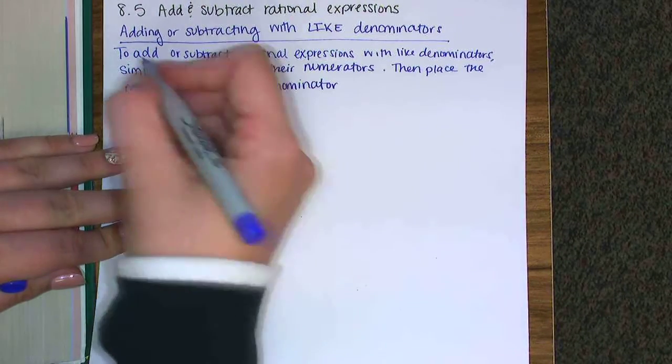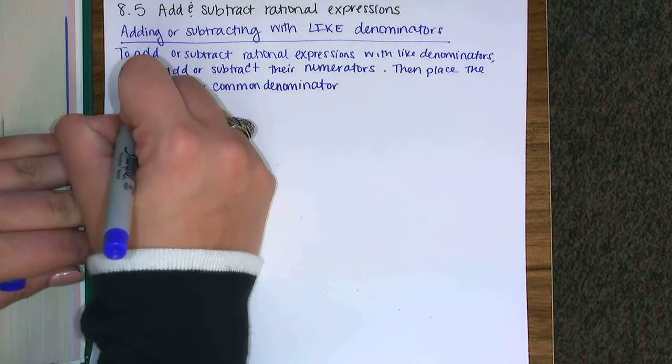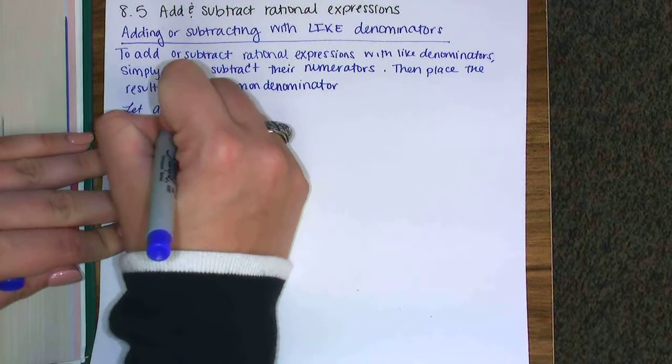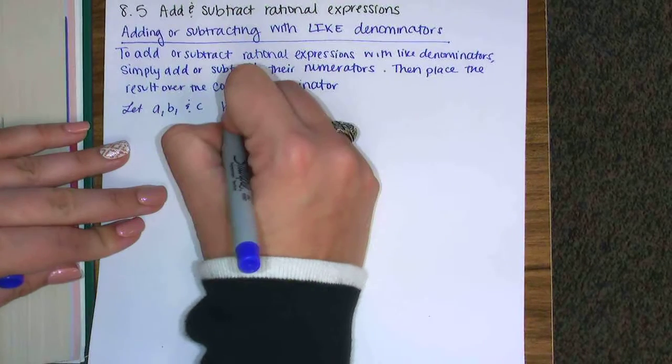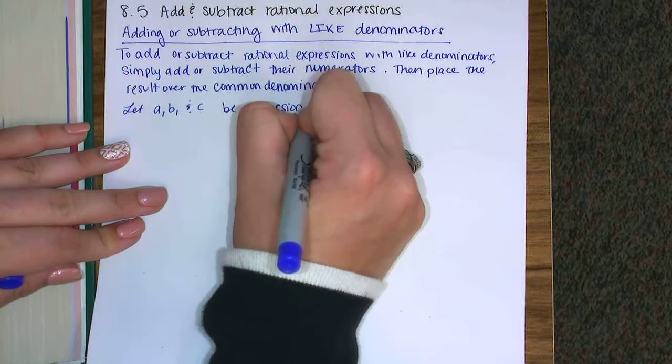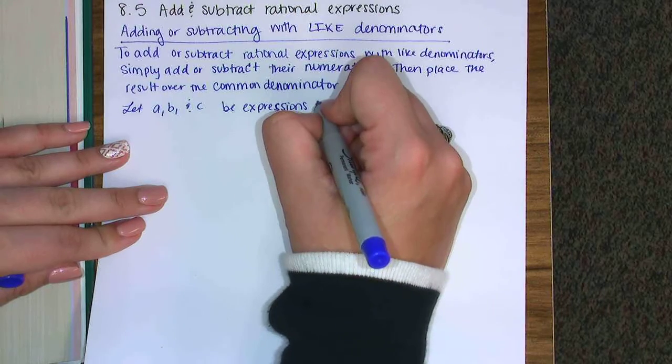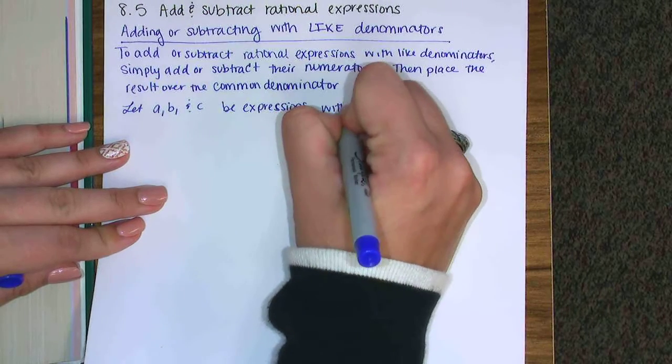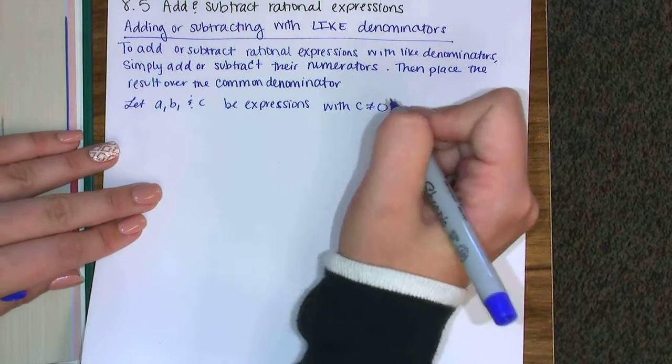So the two properties we're going to have are, we need to say that let A, B, and C be expressions. So they're not just numbers, they're expressions, with C not equal to 0.